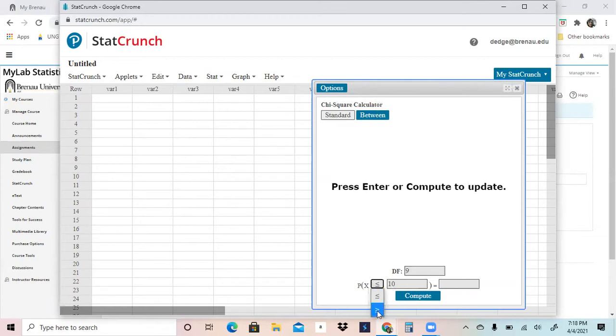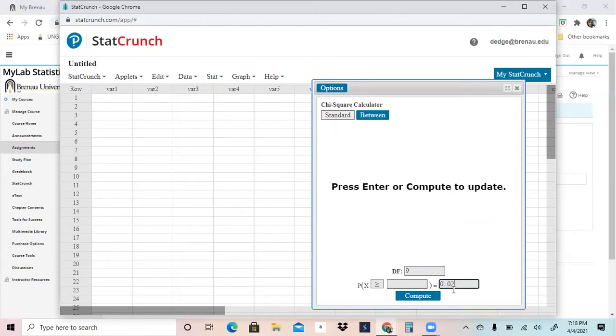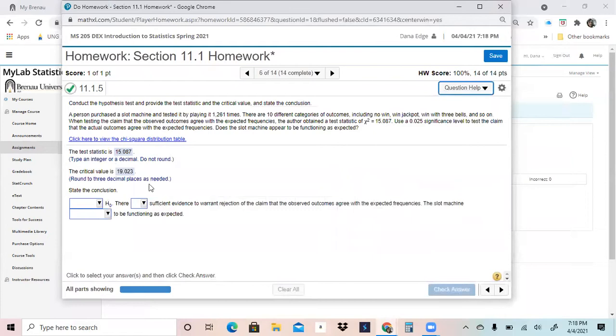We want to know what the chi-squared value is if the amount of area to the right of the critical value is 0.025. And we get 19.023. Same as here.